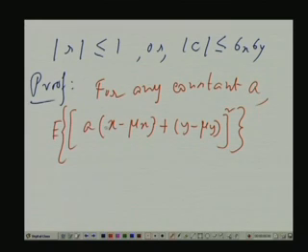After all, x is a random variable, so x minus mu x is a random variable, A times that is a random variable, y minus mu y is a random variable, the total summation is a random variable, and the expected value of the square of that is related to the power. So obviously, as we know, this is greater than or equal to 0 always, for any constant A. This is important. It is true for any A.